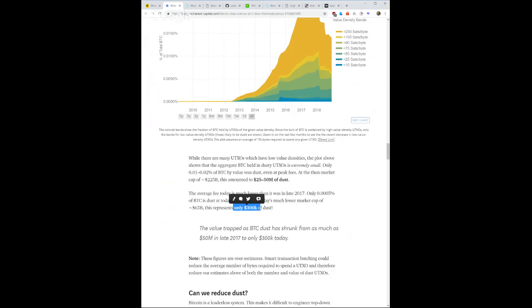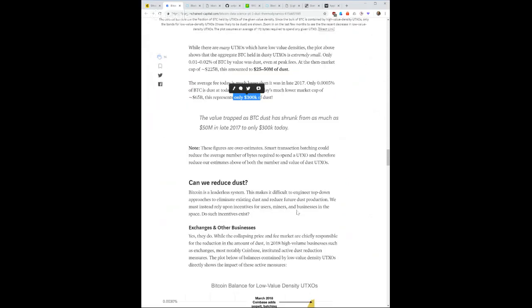Because if you're a full node, you have to keep track of every UTXO to make sure that you know when it's getting spent and so on. So in a sense, now would be the time to go and consolidate a lot of these really small transactions or do something with them, put them into a Lightning channel or something like that as a way to consolidate it and make it less burdensome for everybody else.